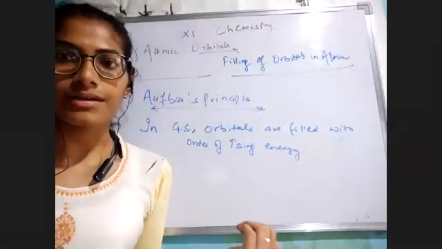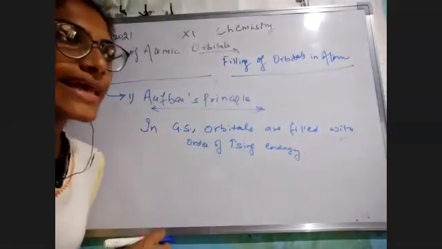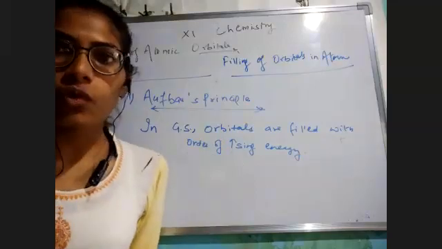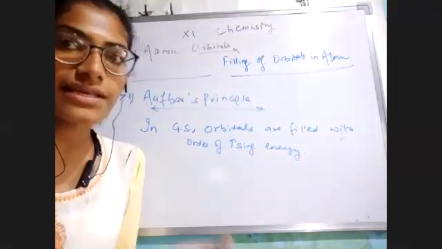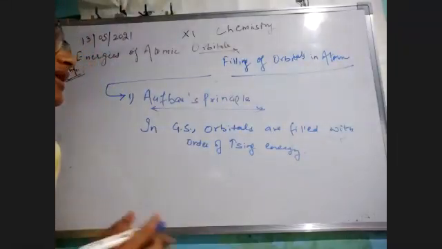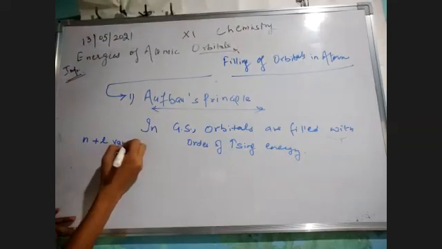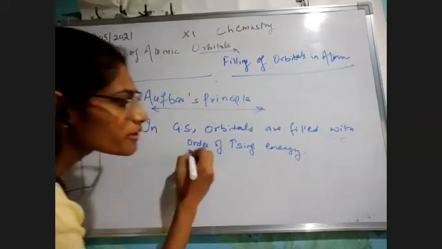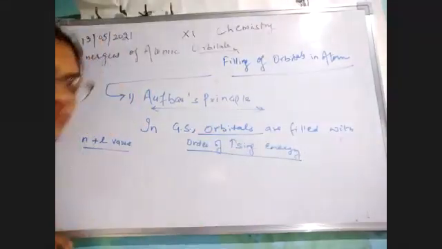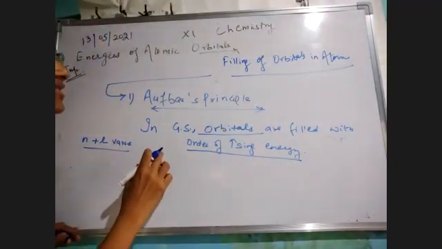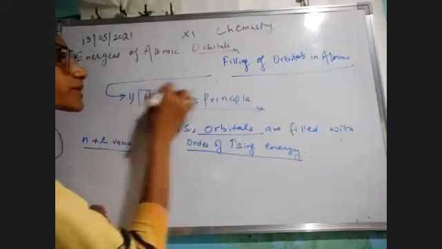We have just completed this topic. That is on the basis of n plus L, and on the basis of lower n, we have talked about how we can easily differentiate. So on the basis of n plus L value, orbitals are filled in the order of increasing energy. This was the first rule, the Aufbau principle.